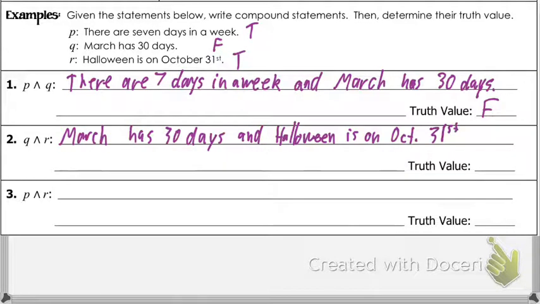March has 30 days and Halloween is on October 31st. I'm just going to write Q, March has 30 days, and then R, Halloween is on October 31st. Now, is this compound statement true or false? False. It's false because it's and, so they both have to be true, but they're not both true. Q is false. Questions on number 2? I want you guys to try number 3.